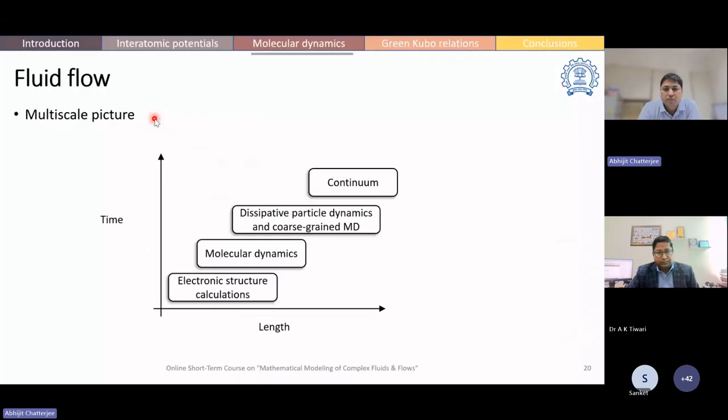Okay, so with that, this is the last slide I have. What I covered in this lecture is a molecular picture of fluids and certain molecular simulation techniques, mainly molecular dynamics techniques, where we look at interactions between atoms and molecules and study the motion.